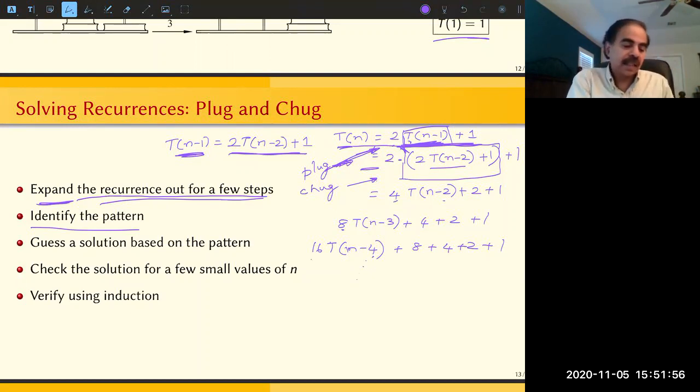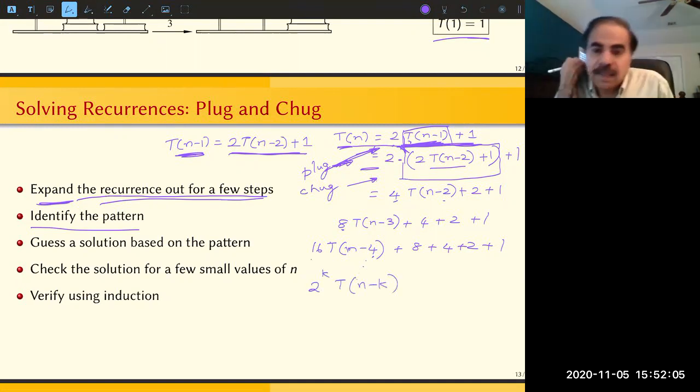So we could guess that what we are getting is 2 to the power k times T of n minus k. That fits. You can arrive at this pattern by seeing that each time I decrease n by 1 and multiply the coefficient by 2, so you end up with 2 to the power k.